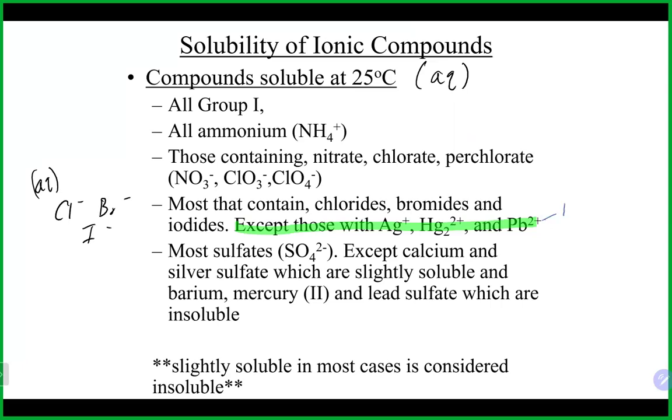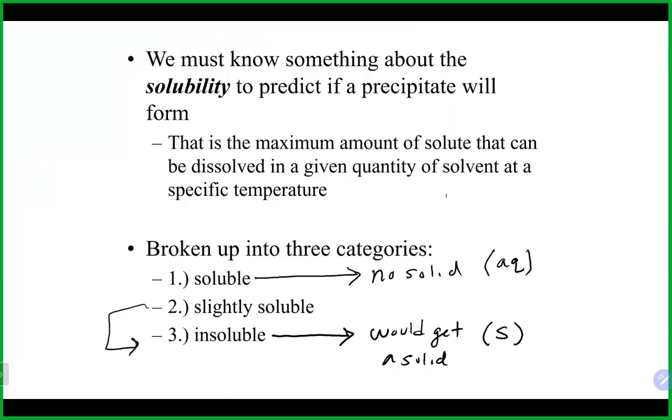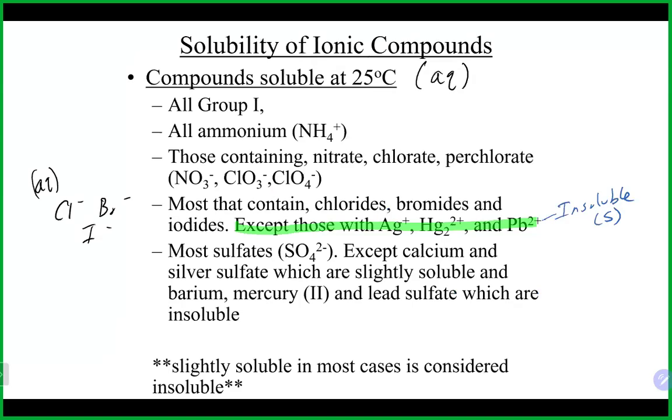It will be insoluble, which means it will get the solid symbol. That is why, if you go back to the one we did yesterday, we had PbI2. Iodide should be soluble in everything except lead. Because lead is hooked up with it, that is why we know that was the yellow solid that we saw yesterday.